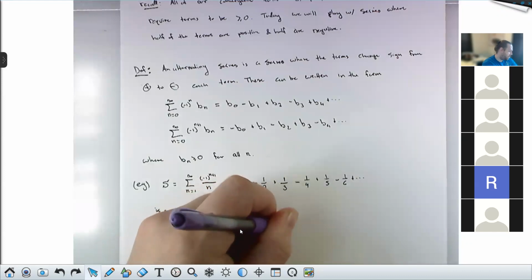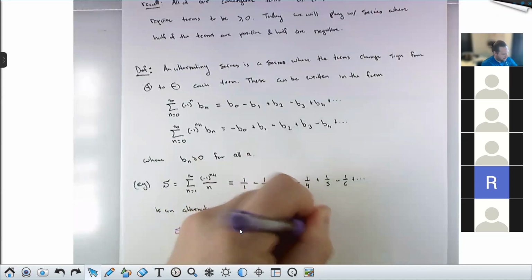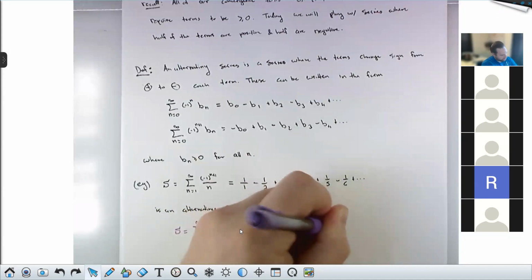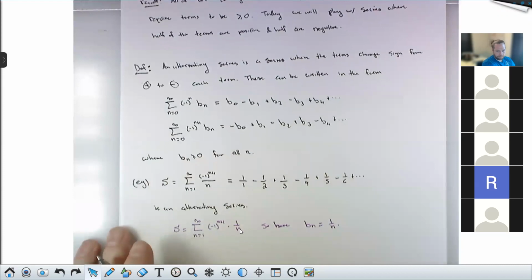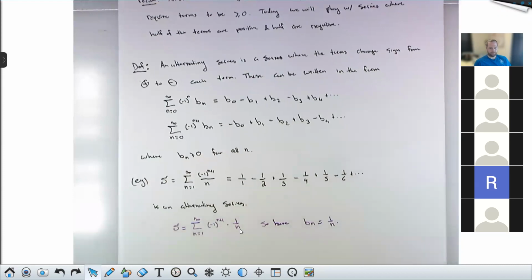So here, the bn's are just 1 over n. Everybody comfy with why this thing is an alternating series and why its bn's in this definition would be 1 over n?